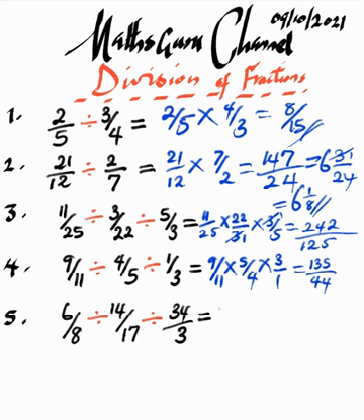The last question we have here, we have the first dividend, 6/8. Change division sign to multiplication. We swap it, 17/14. Change again, swap the dividend, 3/34. Now, let's work on this. 2 here, 4. 2 here, 3.